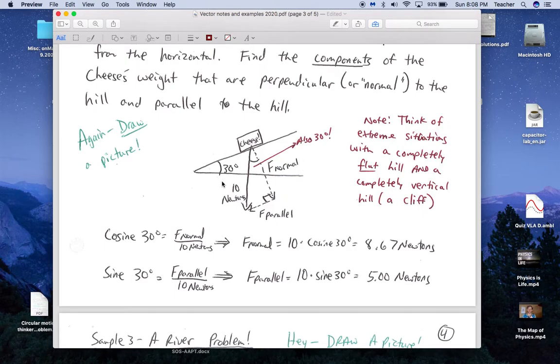So if I have the extreme situation where my hill is completely vertical, I have no normal force, zero pushing into the hill because it's a vertical cliff, but all the cheese's gravitational pull would be acting parallel to the surface, which would cause it to accelerate down to the surface of the Earth, and that would be 10 newtons.